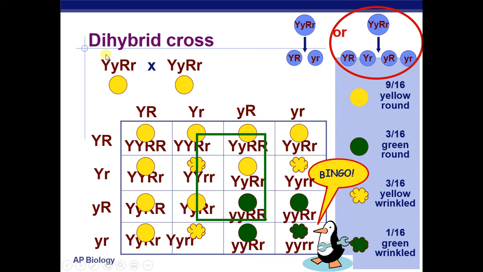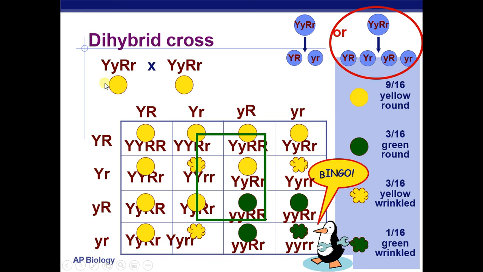So from this parent that's going along the top, we could have one dominant Y with one dominant R, one dominant Y with one recessive R, one recessive Y with one dominant R, and one recessive Y with one recessive R.